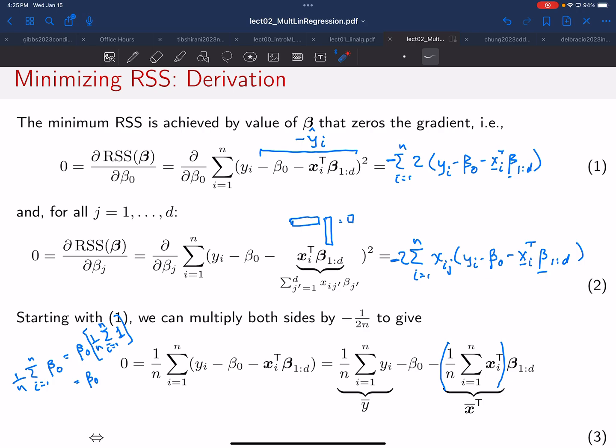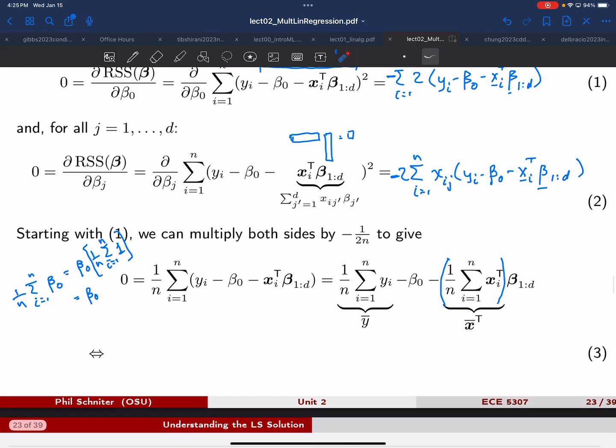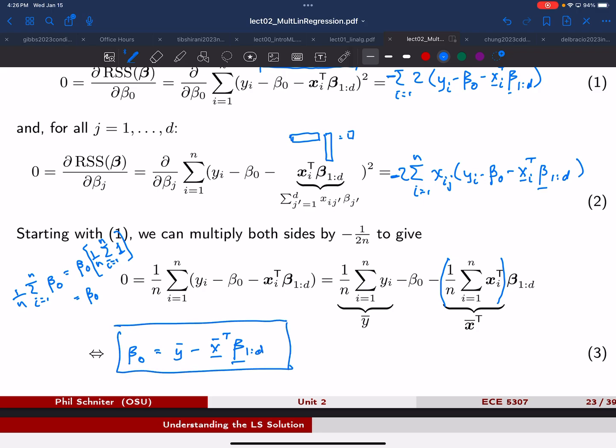So all in all, we get this equation. Let's move beta naught to the left side. We then get beta naught equals y bar minus x bar transpose times the beta vector sub 1 through d. So this says if you happen to know this beta vector, then since you know these other quantities, you also know beta naught.